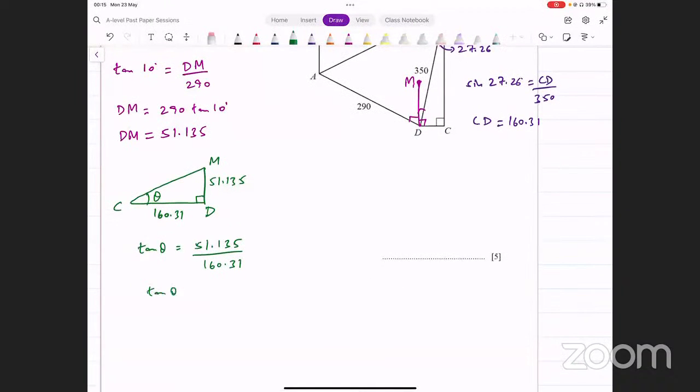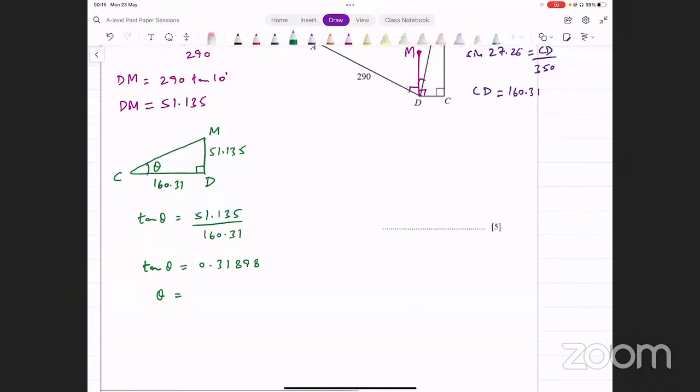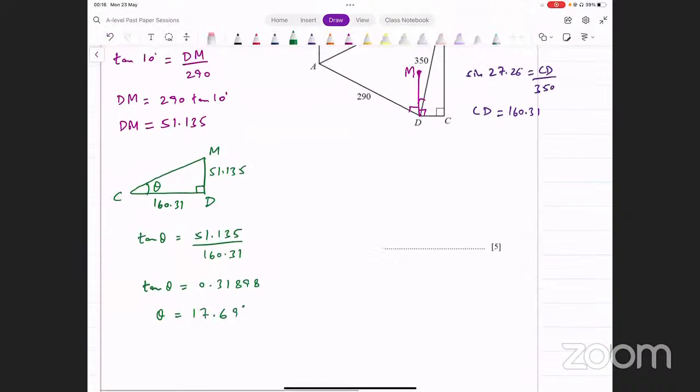Tan theta turns out to be 0.31898. You take tan inverse of that, and that gives me 17.69 degrees, which is the angle of elevation.